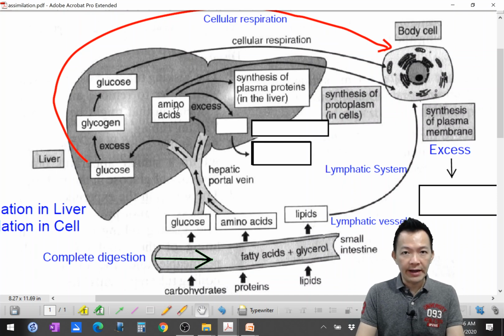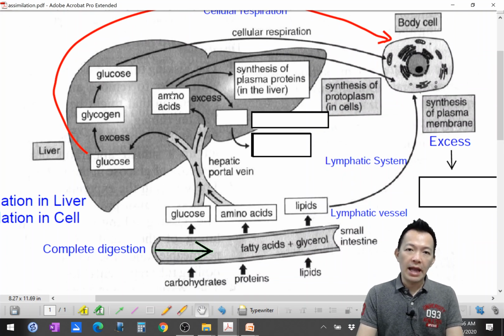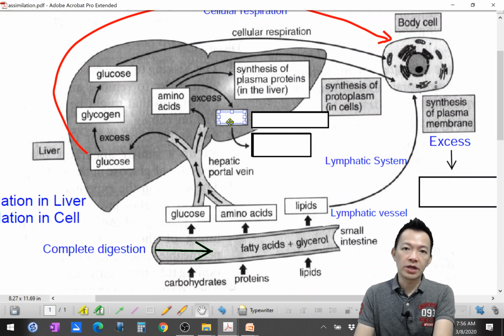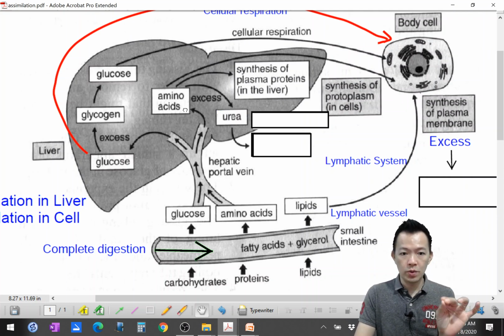Okay, and amino acid also will be synthesized into plasma protein in the liver. So the liver converts the amino acid into plasma protein. What's meant by plasma protein? 血清蛋白质, the protein in the plasma. This is another assimilation in the liver. Next, excess amino acid cannot be stored in the body, 不能收在我们的身体里面. So the excess amino acid will be converted into urea by the liver. This is also assimilation in the liver.